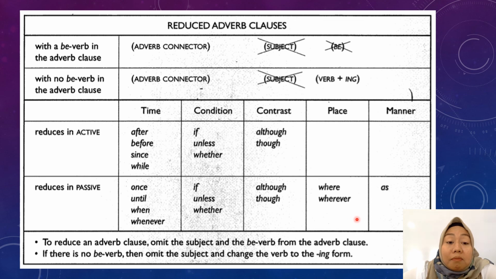And this is the chart for the adverb clause connectors which can be reduced in passive, in active, or both. Reduced in active, we have after, before, since, while, if, unless, whether, although, and though. Reduced in passive, we have once, until, when, whenever, if, unless, whether, although, though, where, wherever, and as.